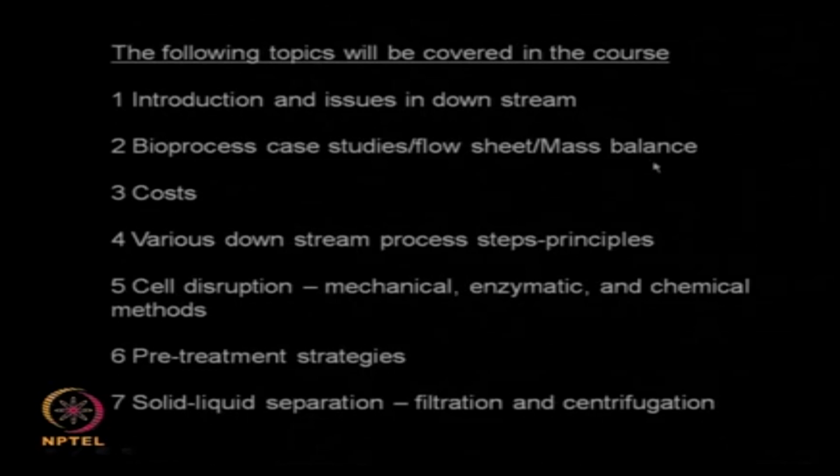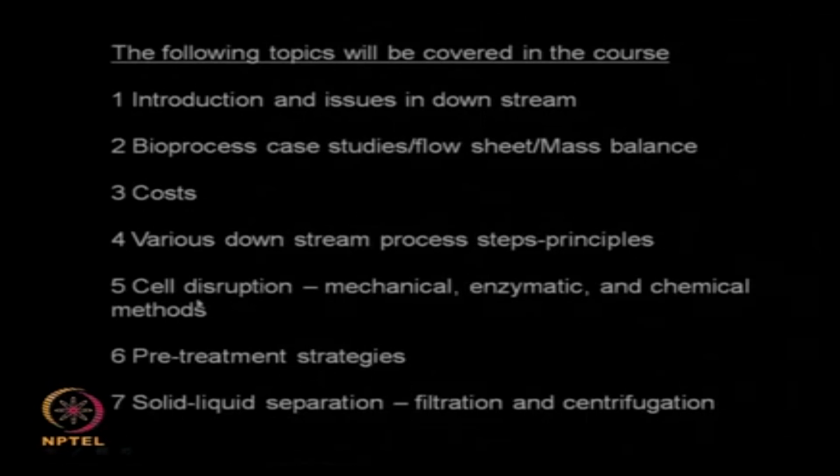I also talked about mass balance, its importance and how you use it, and how you use heat balance, and the important parameters in this balance. Then I also talked about cost, the importance of costing, how you select equipment based on costing, and the various principles in different downstream steps.